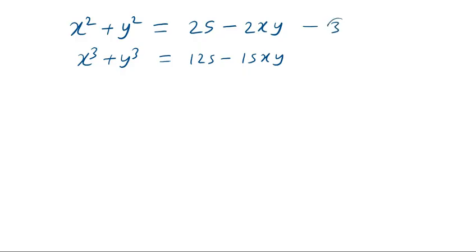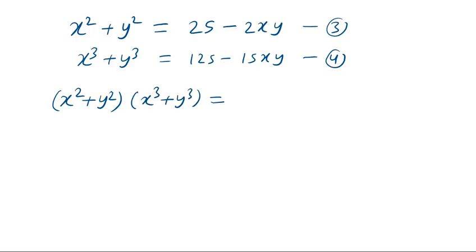This is equation number third and this is equation number 4. Now multiply both the equations. Then in the left hand side you will get (x^2 + y^2) multiplied by (x^3 + y^3), and this is equal to, in the right hand side, (25 - 2xy) multiplied by (125 - 15xy).